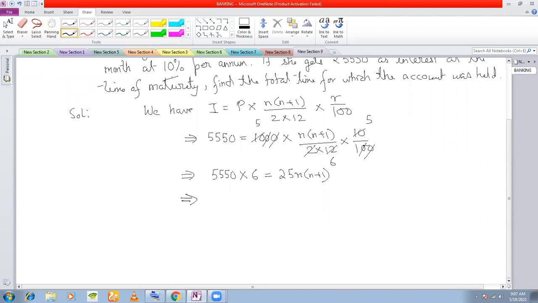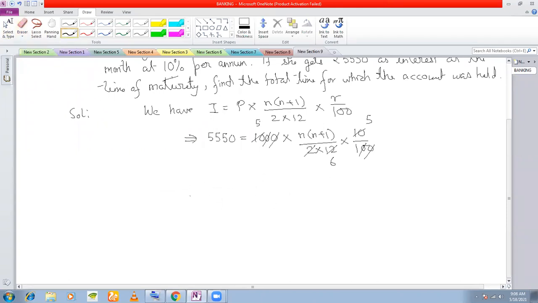So now what happens? If you multiply here 33,300. Or before that, let us just cancel some factors. So n into n plus 1 will be equal to 5,000. In fact, you can cancel here only, before writing the step.